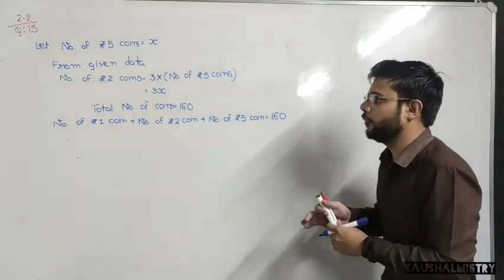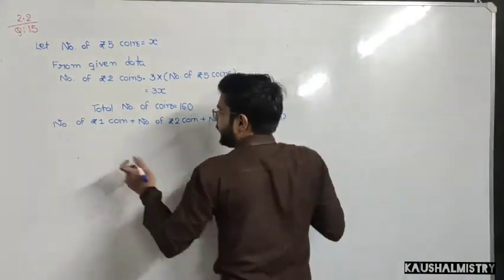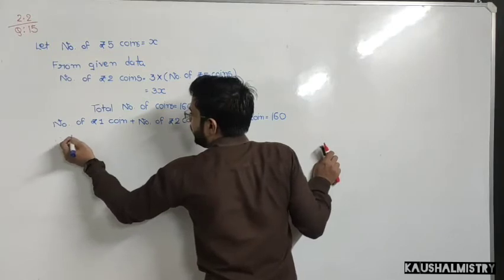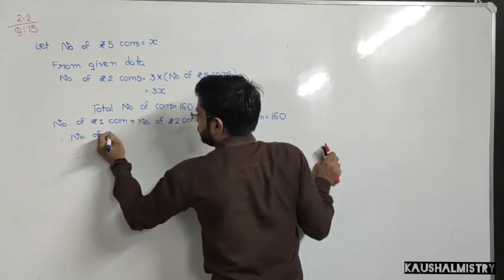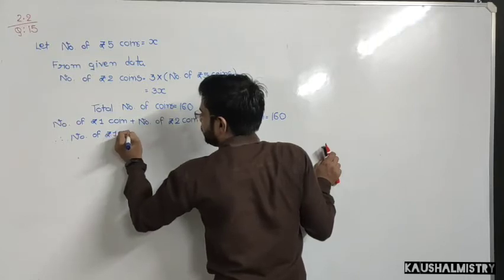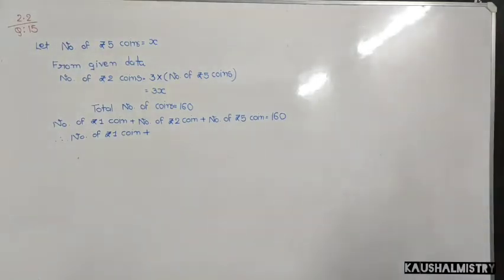This we have to use for finding the number of 1 rupee coin, right? So number of 1 rupee coin we don't know, plus number of 2 rupee coin, right?